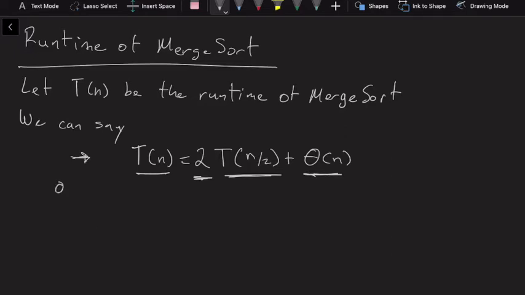And this can also be written as T sub n is equal to 2 T of n over 2 plus some constant times n, because our runtime is theta of n. So it's just a constant multiple of a function that is just n.